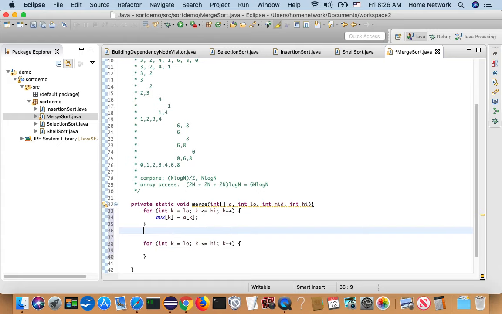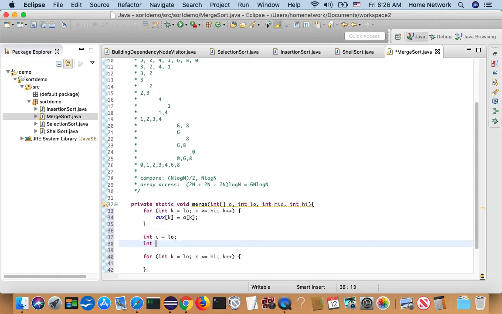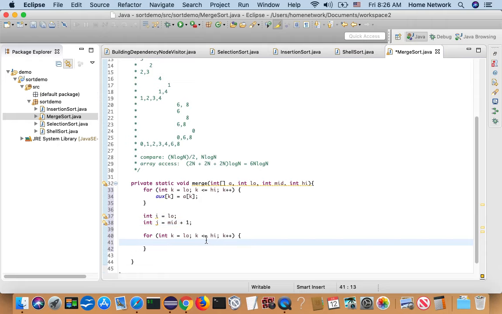And before we do that, we need to mark the starting point of the left half, which is low, and the starting point of the right half, which is midpoint plus 1. This is a starting index. Then there are 4 scenarios. If we exhausted the left half, then we just copy from the right half without a comparison.